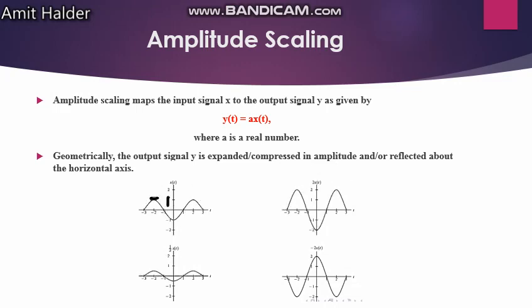How is that taken? If you take half of x(t), how does the compression act? It is amplitude compression, not on the x-axis, that will be in the y-axis. 1 into half means half, so the value will start from here, again minus half, again plus half, very much compressed.